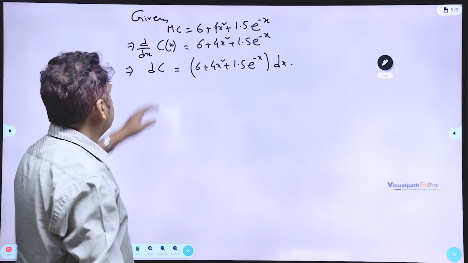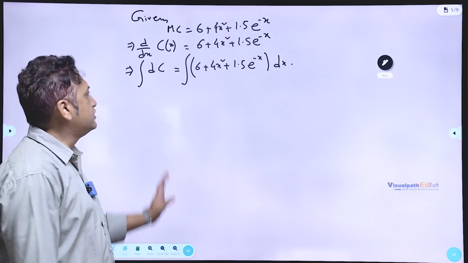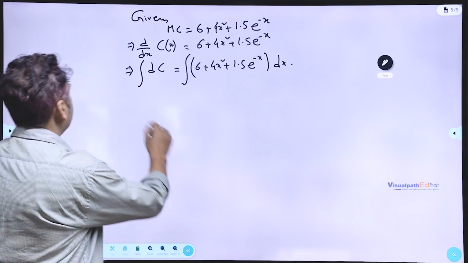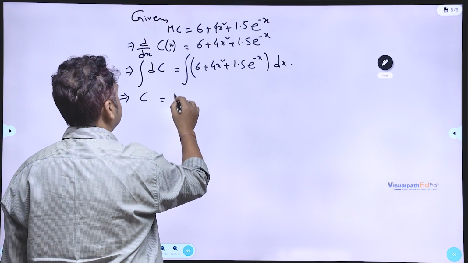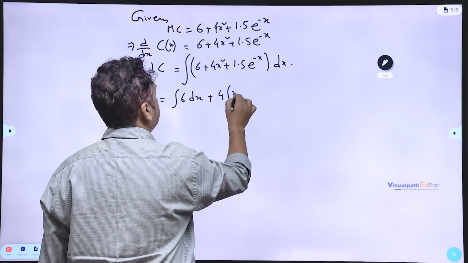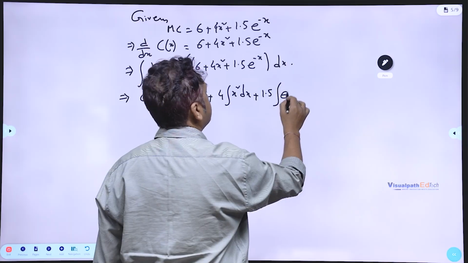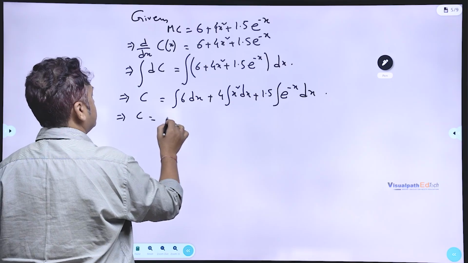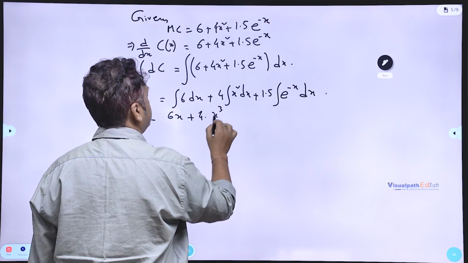Now, since we have to find cost, we have to find out integration. So, we'll take integration. Integration of dC and integration of 6 plus 4x squared plus 1.5 into e to the power minus x dx. So, integration of dC is only C, and here integration of 6 will be integration of 6 dx plus 4 into integration of x squared dx plus 1.5 into integration of e to the power minus x dx. So, this will give us C is equal to 6x plus 4 into x to the power 3 by 3.